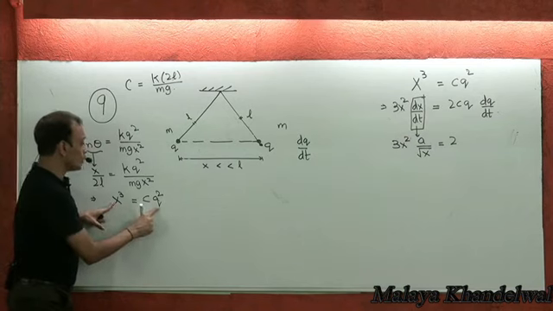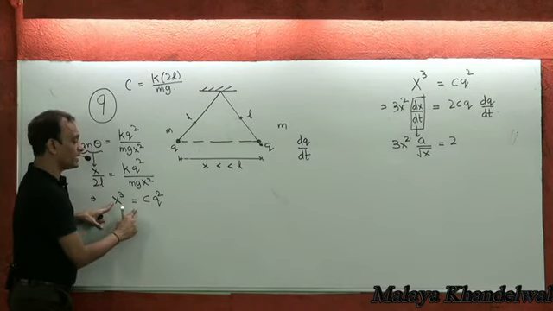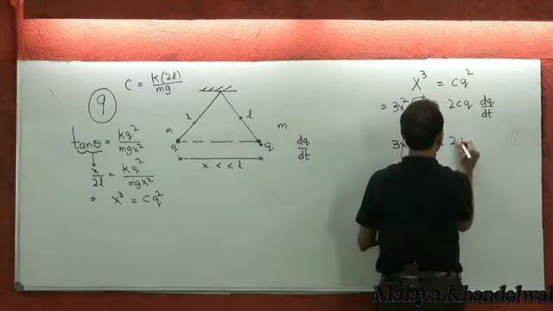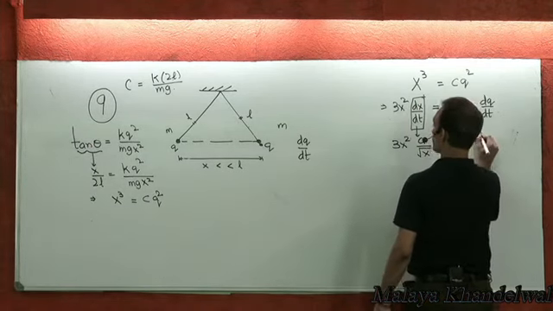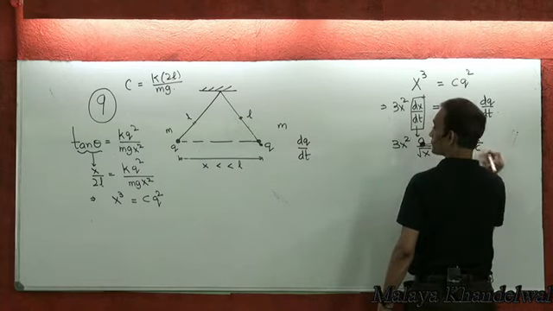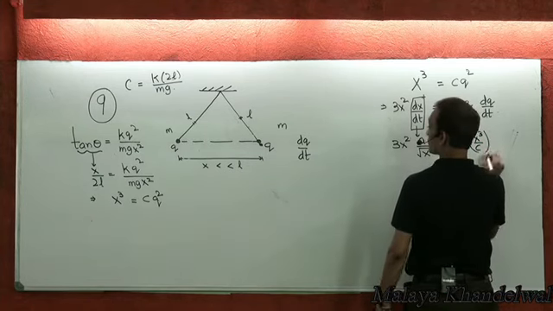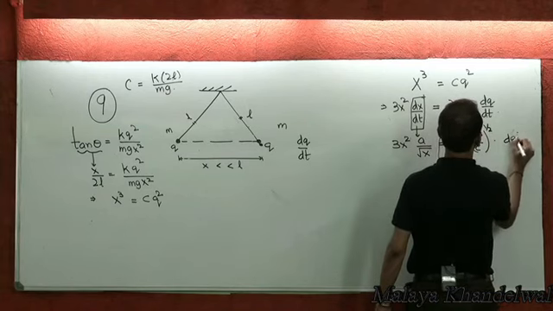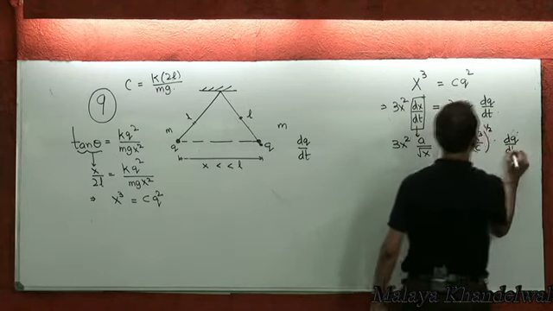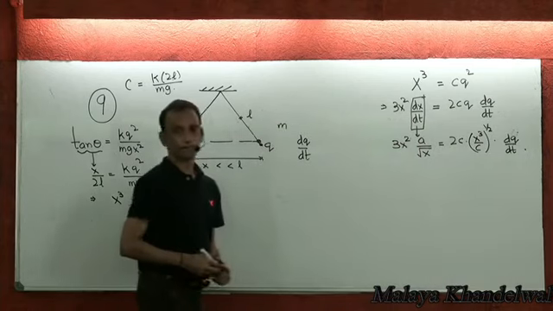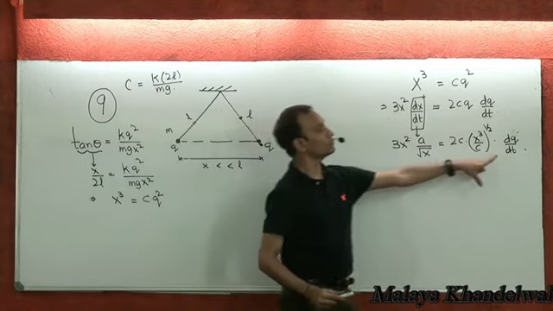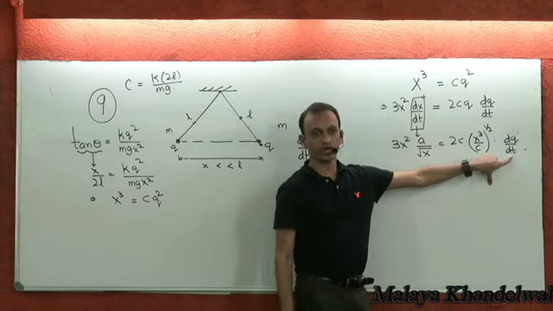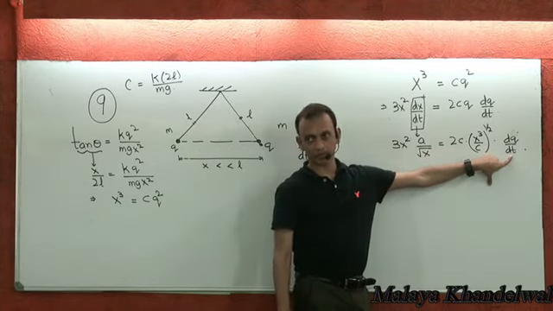So this q I can write as the square root of x cubed by c, and you can solve for dq dt from this equation, the rate at which charge is leaking. Clear?